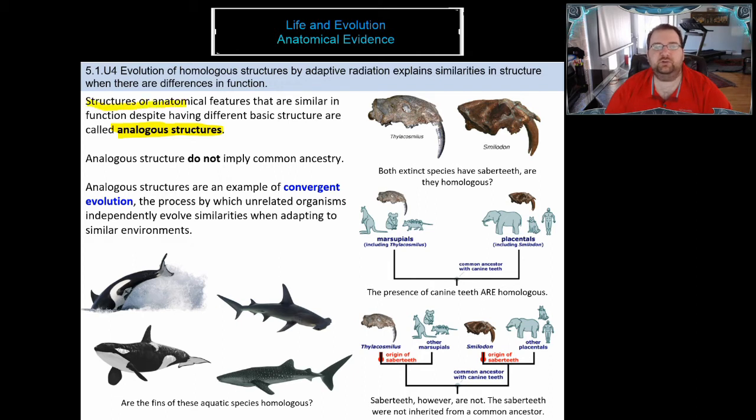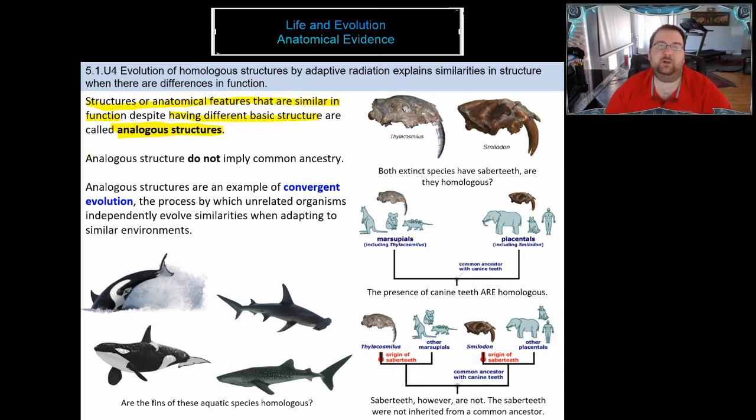So structures or anatomical features that are similar in function, like the fins of whales and sharks, they're both used to swim. Well, if they're similar in function, but they have different basic structures, this has a pentadactyl limb, this doesn't, those are called analogous structures.